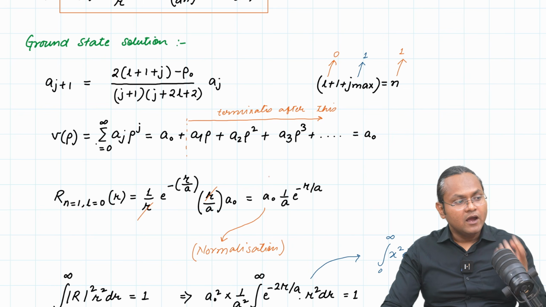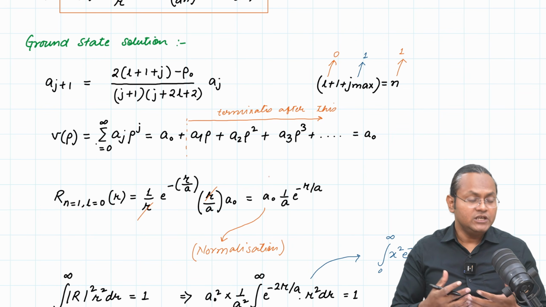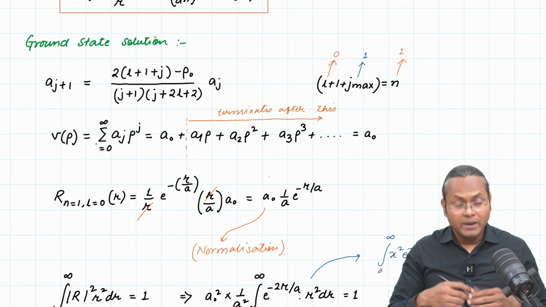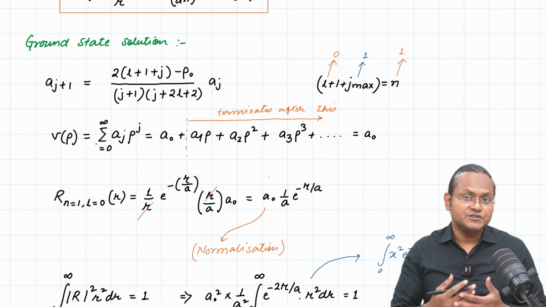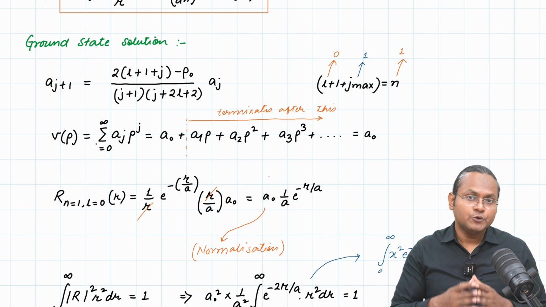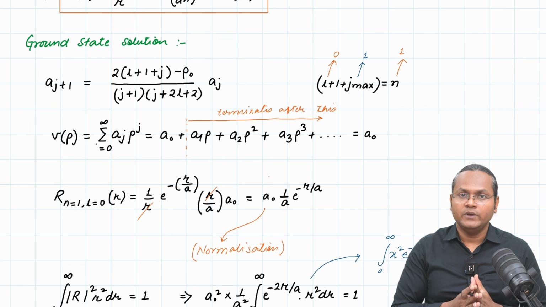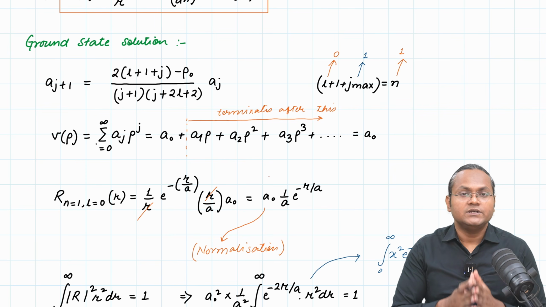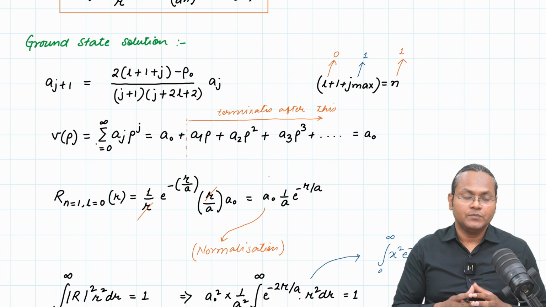However, the recursion formula that we have achieved can also give us a much better idea about the nature of the function involved, because in mathematics, this recursion formula is associated with a certain class of polynomials known as associated Laguerre polynomials.